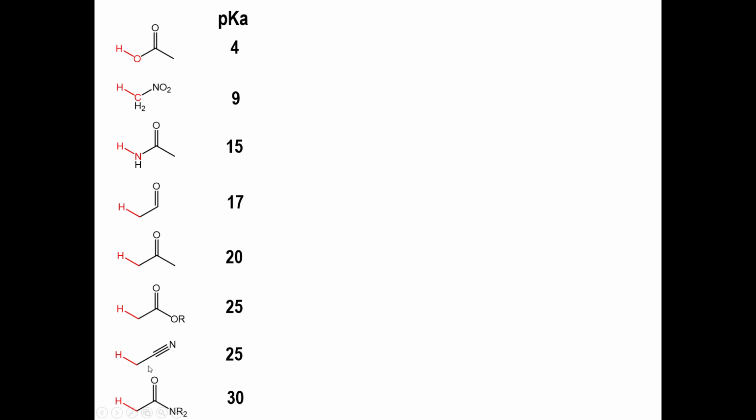Don't get me wrong, it's still a considerable effect, but it's not as drastic as the nitro group, for instance. And then by the time we get to the amides, the alpha CHs are basically the least acidic out of the bunch, also because of the same reasons as before, namely that nitrogen is not as electronegative as oxygen, and because of that, it is more basic. So this nitrogen is dumping more electron density into the carbonyl, making this CH less acidic.